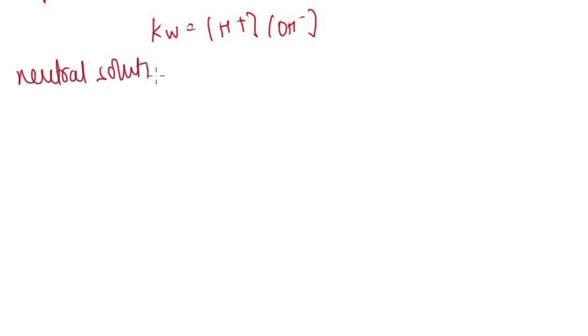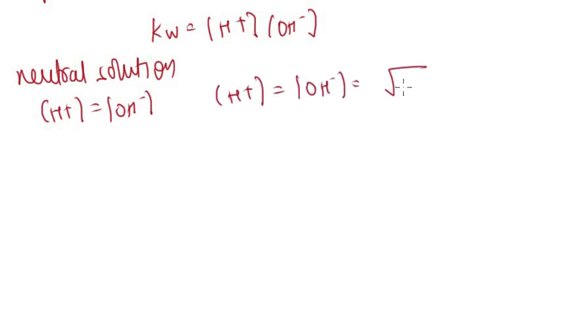Now we know Kw is the concentration of H plus times OH negative. In case of a neutral solution, the concentration of H plus will be equal to OH minus. So H plus equals OH minus, which equals the square root of Kw, because both are the same. We can write OH minus times H plus, then H plus squared equals Kw.